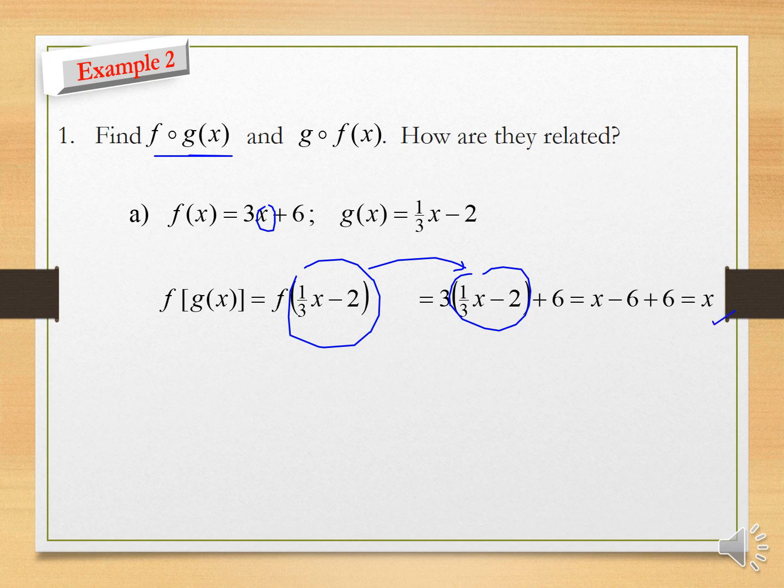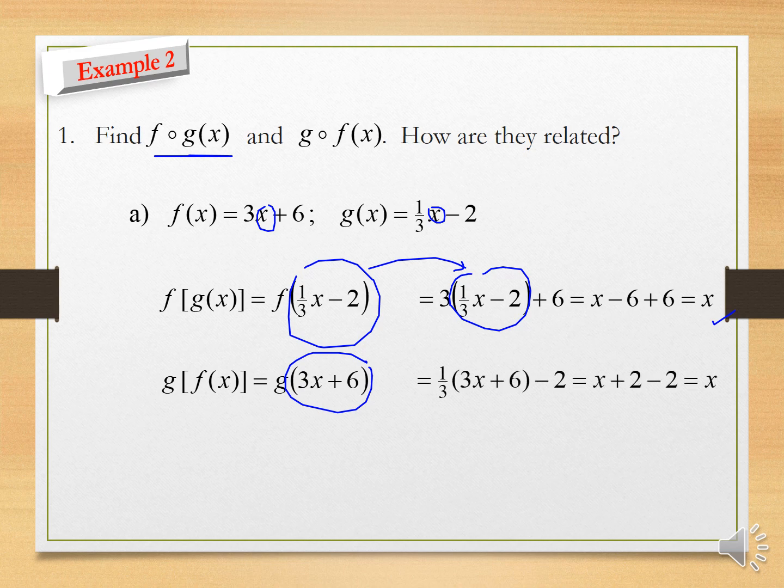Now, find g composite f. gf(x) equals g of 3x plus 6, because f(x) is 3x plus 6. So 3x plus 6 is the new input for function g. Therefore, we get 1 over 3x plus 6 minus 2, which equals x plus 2 minus 2, which equals x.